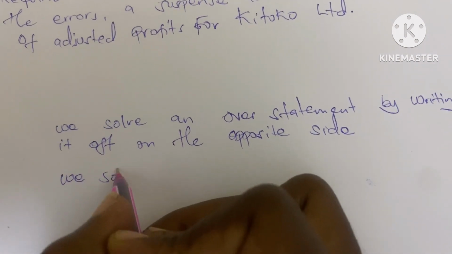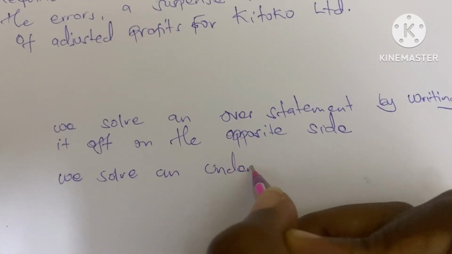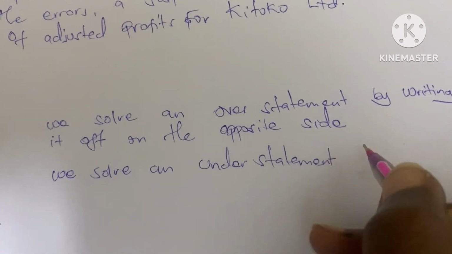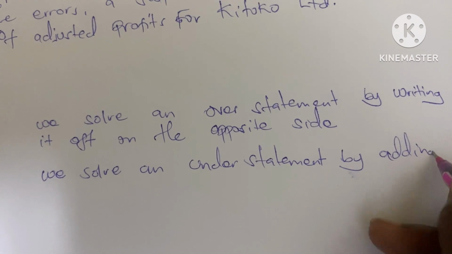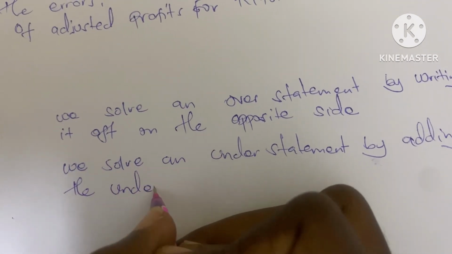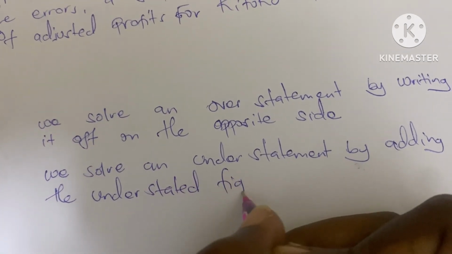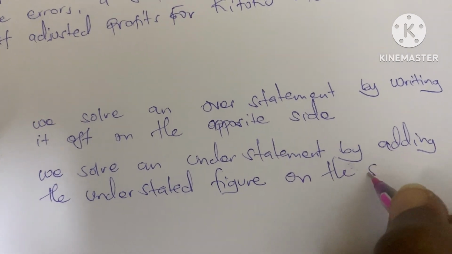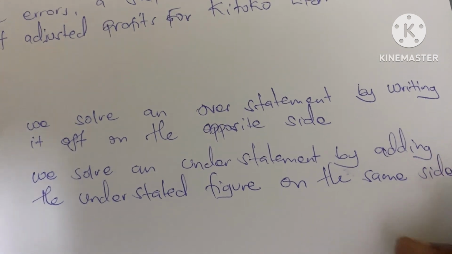We solve an understatement by adding the understated figure on the same side.